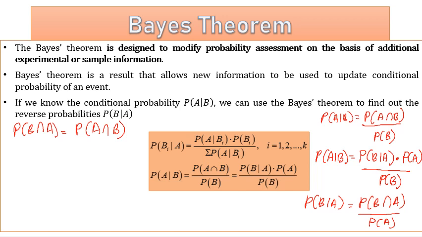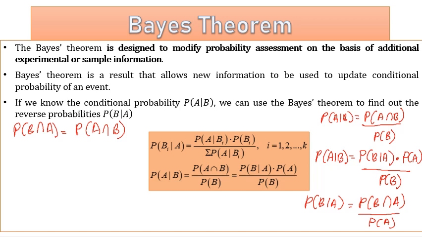So we look at P(B and A) and P(A and B). For P(A given B) equals P(A and B) over P(B).